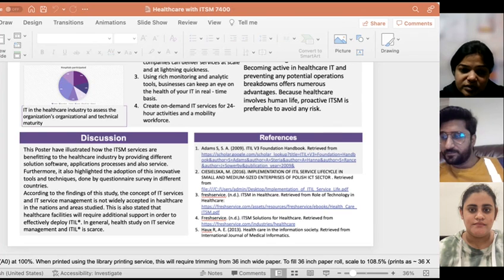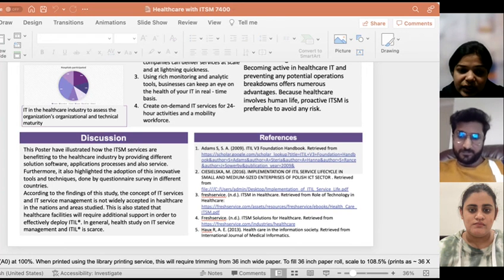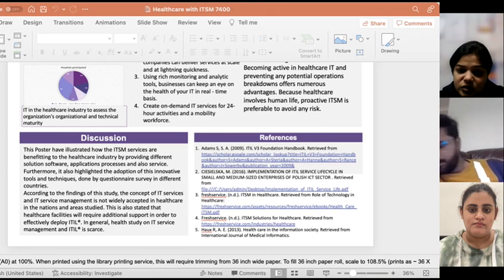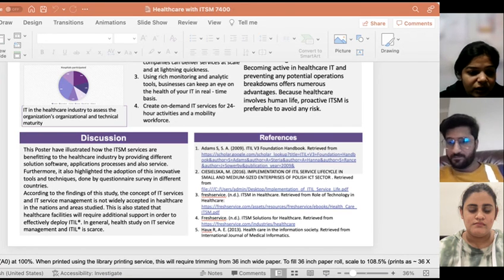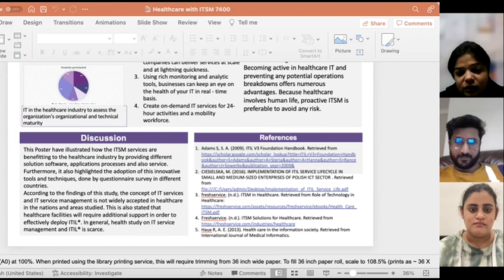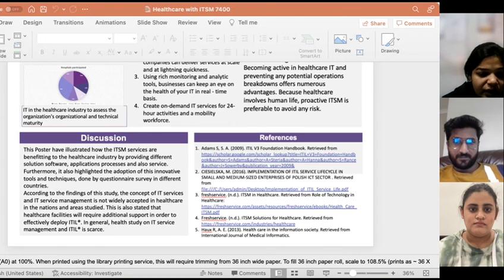According to the findings of this study, the concept of IT service and IT service management is not widely accepted in healthcare in the nations and areas studied. It is also stated that healthcare facilities will require additional support in order to develop and use IT services in healthcare.